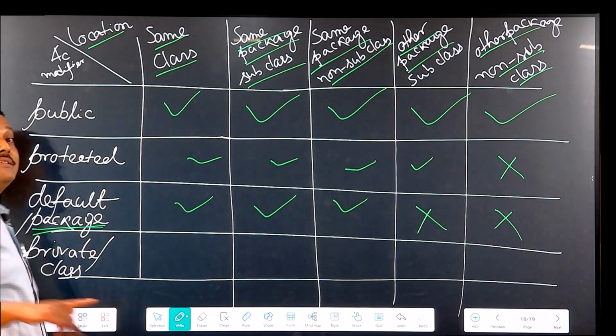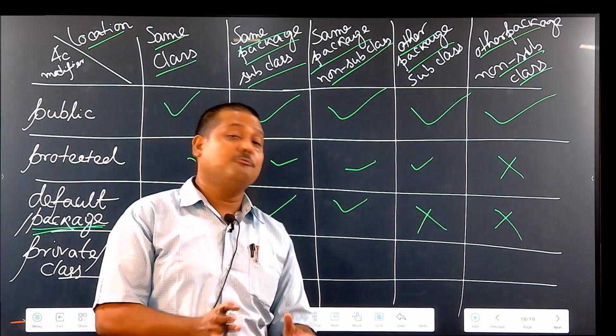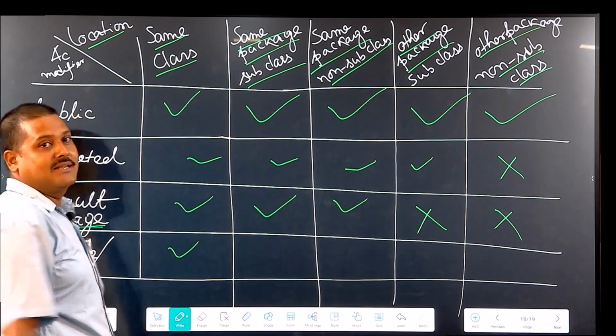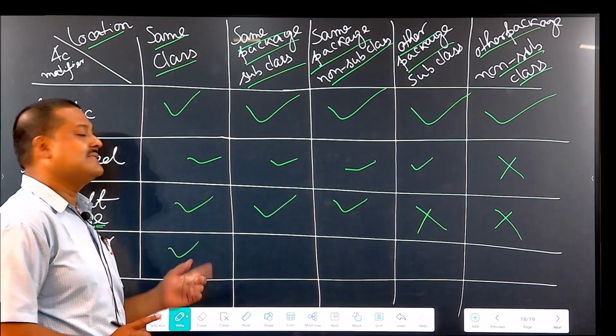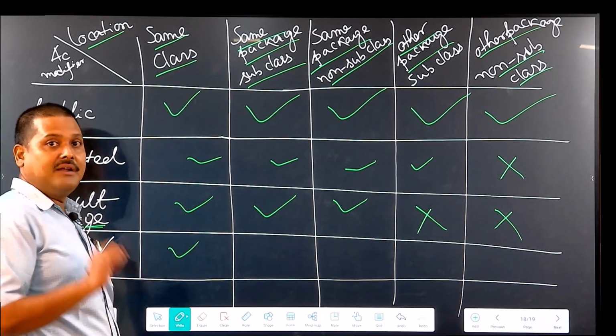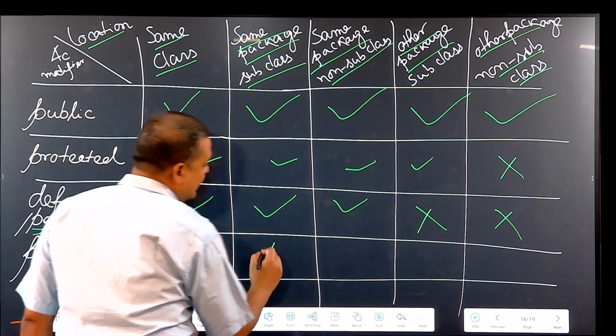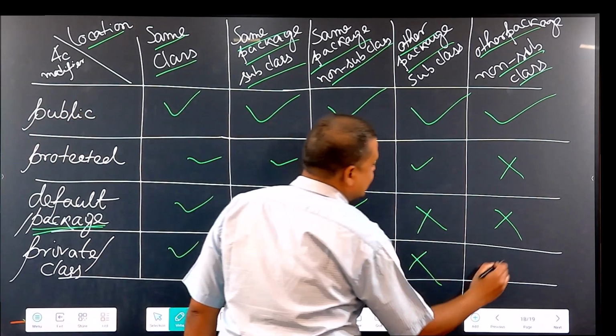Private, if a member is declared as private, that's totally private, no one can access it. Private means only in the same class the members can access each other. In other cases, they cannot be accessed.